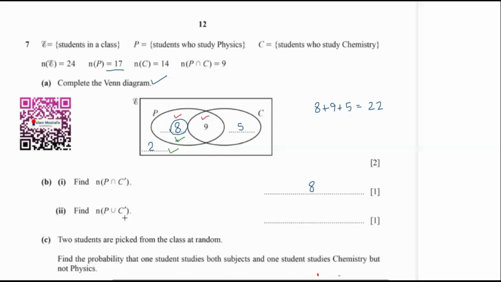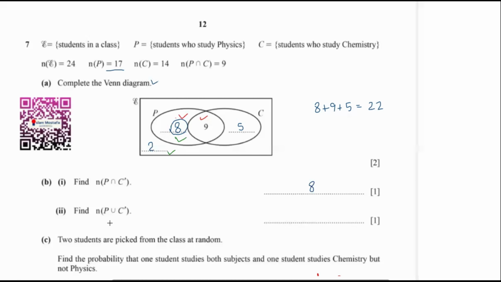Next is N of P union C dash. Now you see here, firstly we mark the P region, and the C dash region. There already is a C dash region.